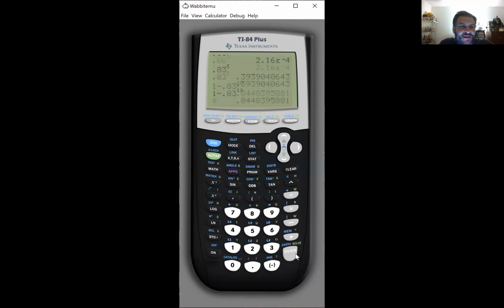You press enter and you get 0.8448. So if you look at it, it's telling us the probability that at least one of 10 students transfers out from West Los Angeles College is 84%.